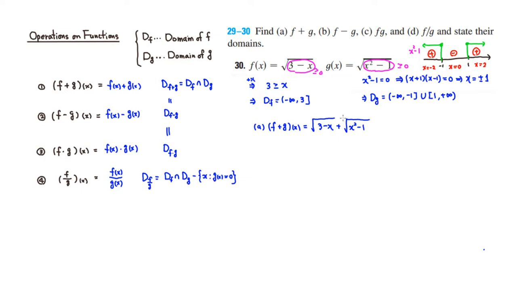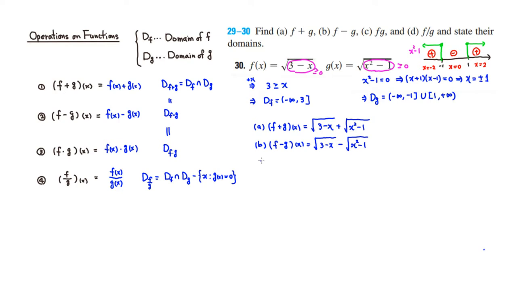Alright, and I'm going to do part B as well. So B, F minus G of x is equal to the square root of 3 minus x minus the square root of x squared minus 1.